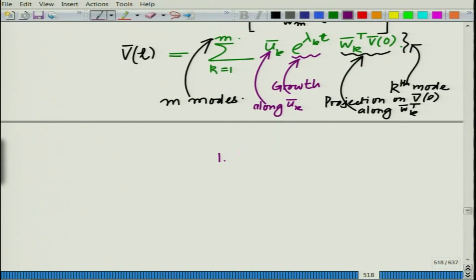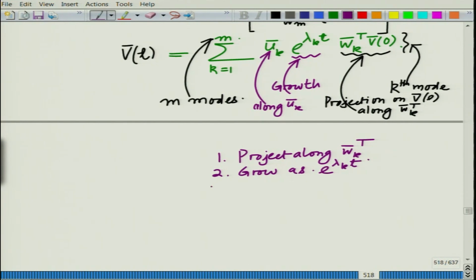So, you can think of this as 3 steps: project the trajectory along W bar k transpose, grow as e raised to lambda k t, and finally the whole thing is along u bar k.